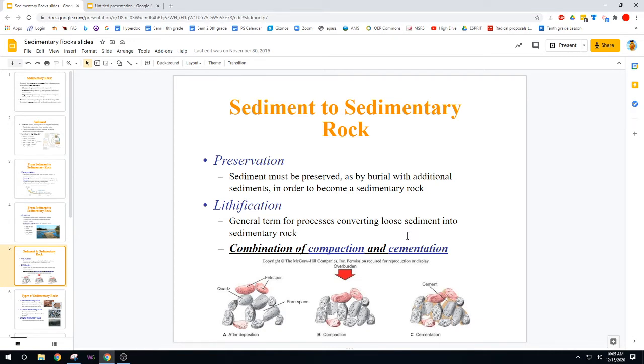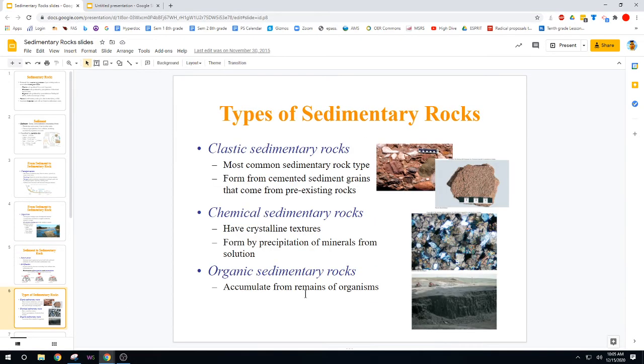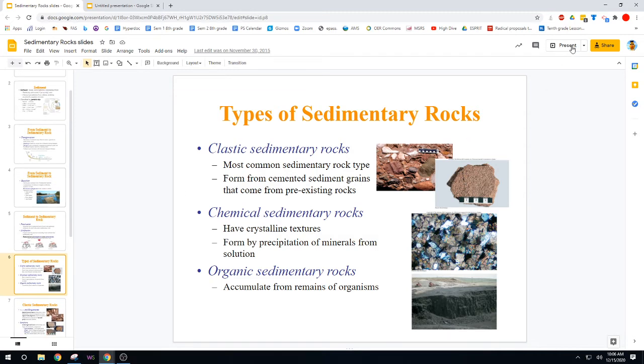That is the compaction and cementation. Compaction and cementation are the terms that we will use in eighth grade here, not lithification. So if we take a look at the sedimentary rocks again, we have clastic, chemical, and organic. Clastic is determined by the size. Chemical is precipitated out, and organic is life that has come after that.